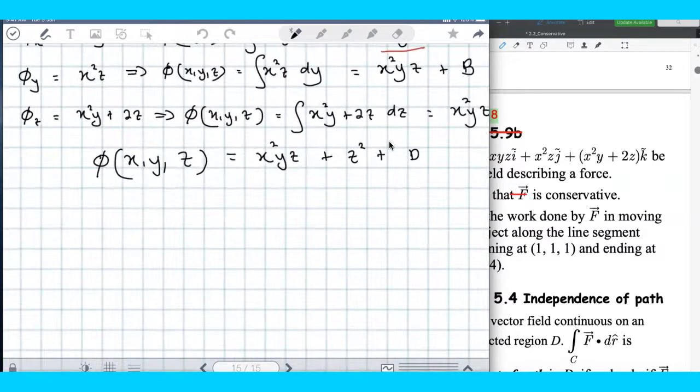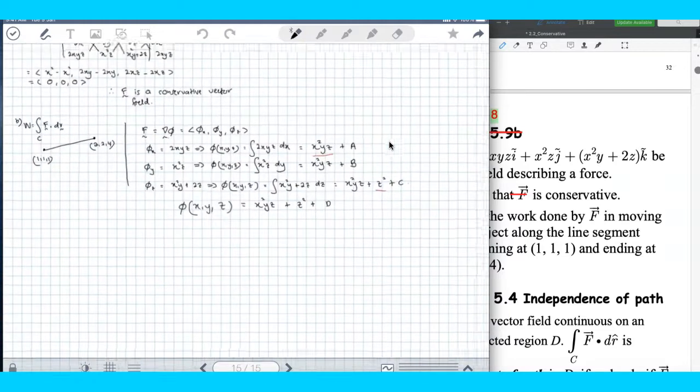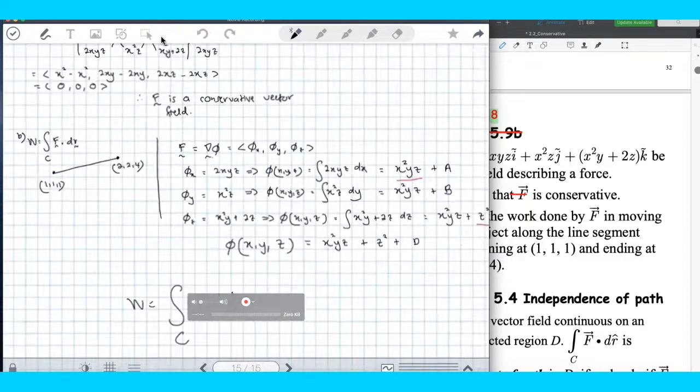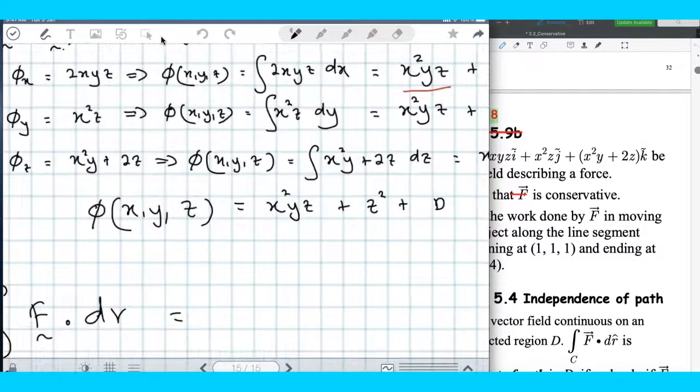In this case, you want to compute the work done given by F dot dr along the curve C. Because the function is a conservative vector field, we managed to get the scalar potential function, which exists and is given by this equation.